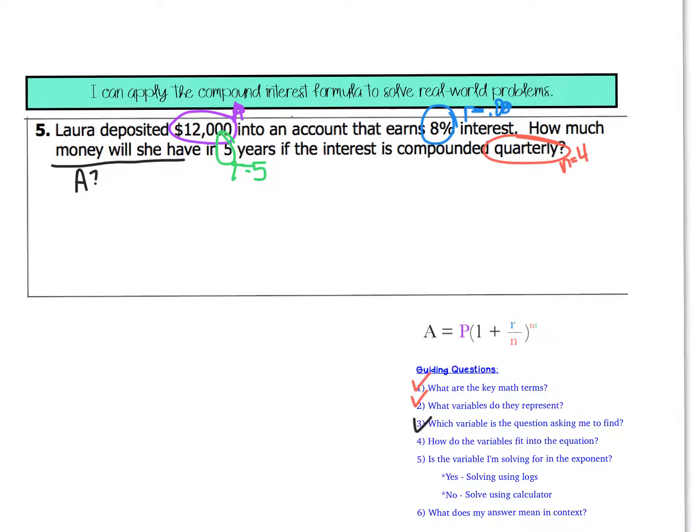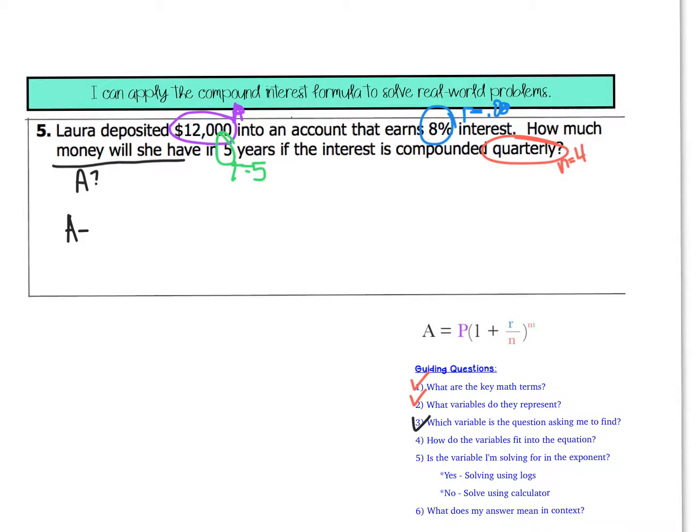So I'm looking for A, and I want to know when P is 12,000, and it's going to be 1 plus R, which is 0.08, divided by N, which is 4, because it's being compounded quarterly, to the N, so 4, times T, which is 5. So all I've done is I've simply taken all of my information and I've put it into the equation.